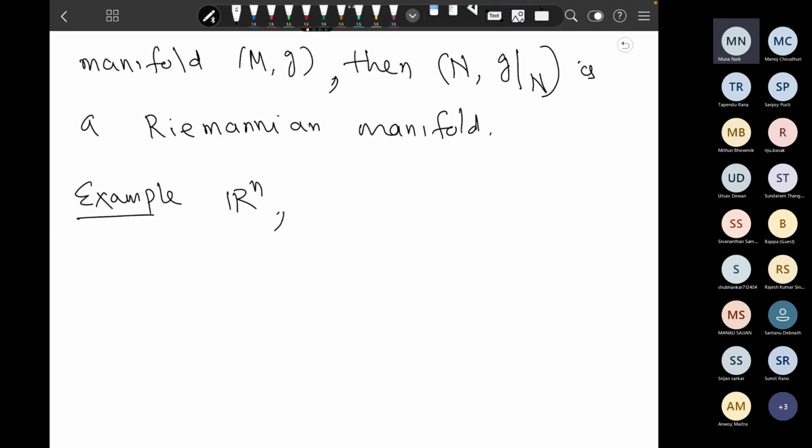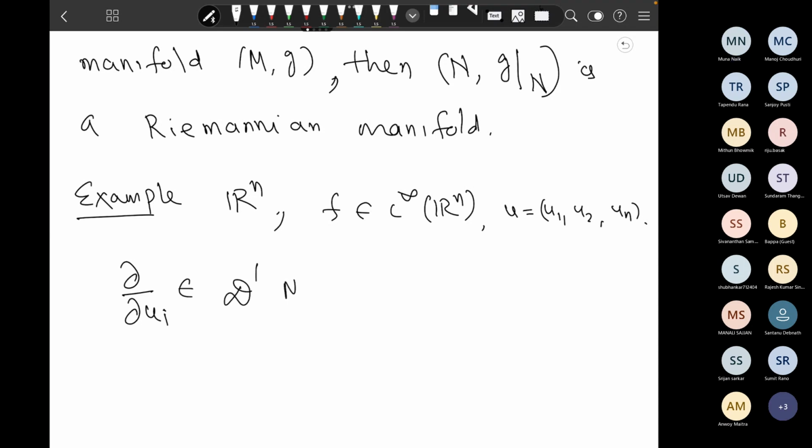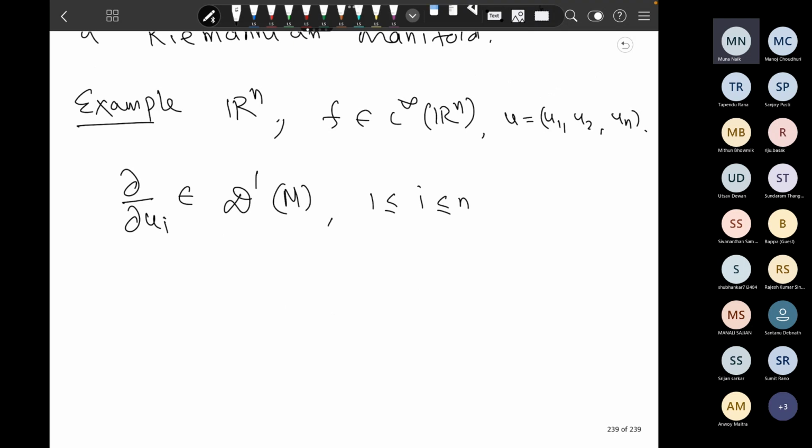If you take a function in C infinity of Rn, Rn has n coordinates. Let u1, u2, ..., un be the coordinates. If I take del by del ui, this will be a vector field, for 1 less than or equal to i less than or equal to n.